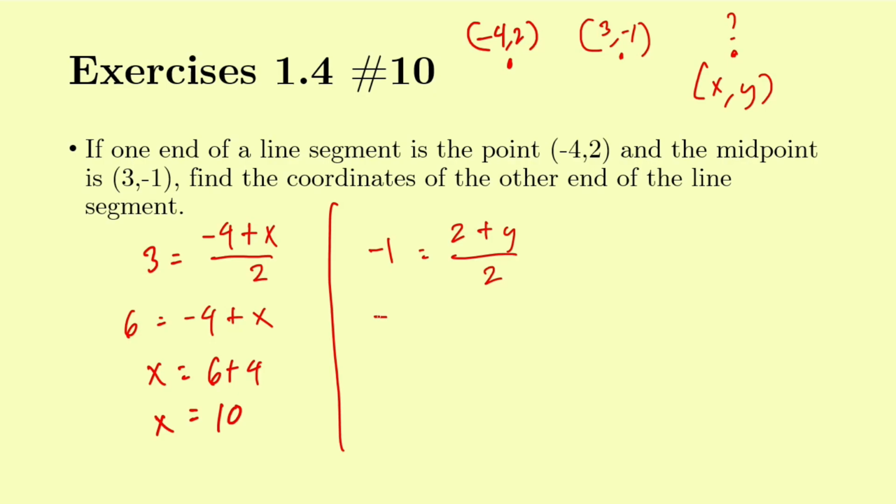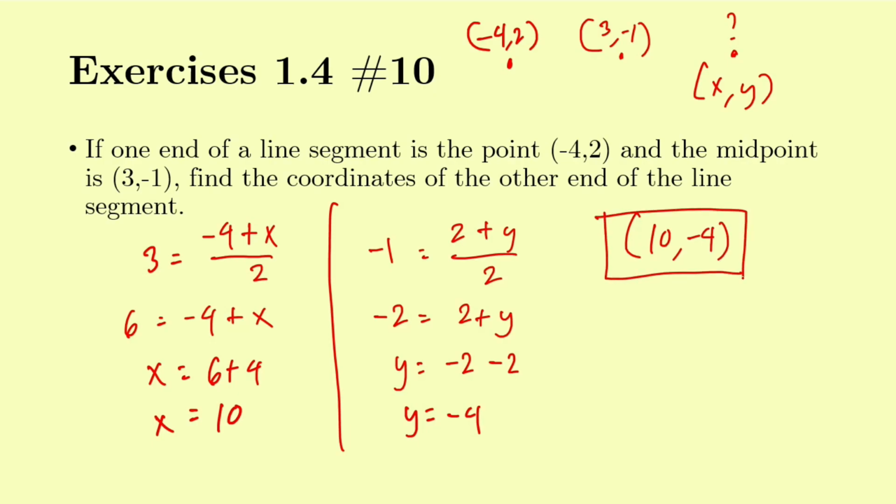So it will become -2 is equal to 2 + y. And then y is equal to -2 - 2, so y is equal to -4. So x is 10, y is -4. The point itself has the coordinates (10, -4). So this is your final answer.